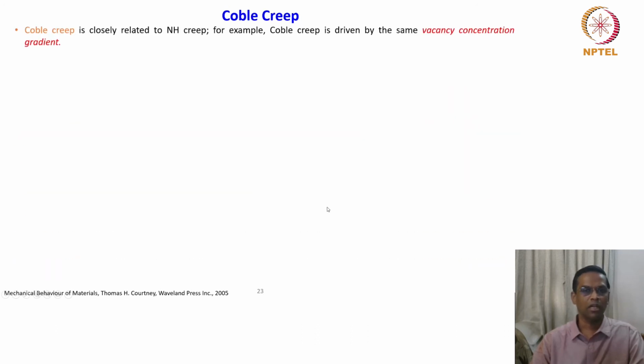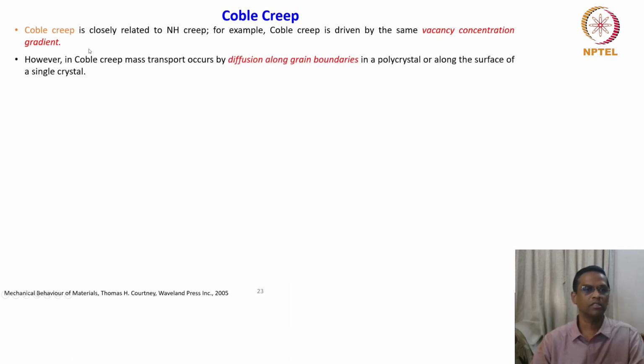So the next is Coble creep. Coble creep is closely related to Nabarro-Herring creep. For example, Coble creep is driven by the same vacancy concentration gradient, that is, dou N_V by dou x. So then what is the difference?